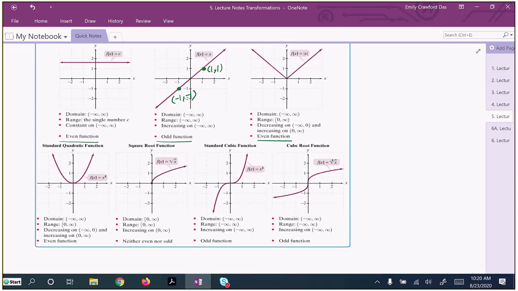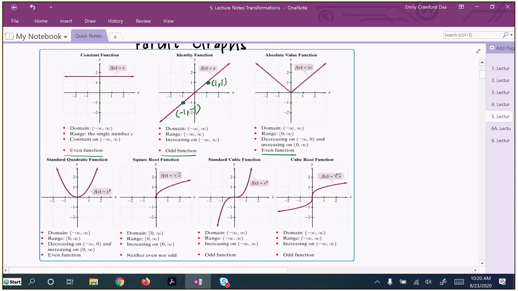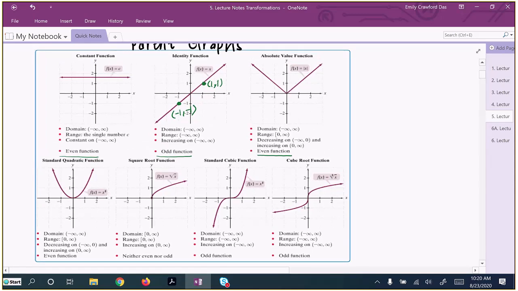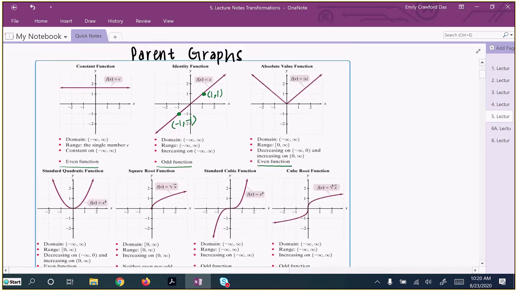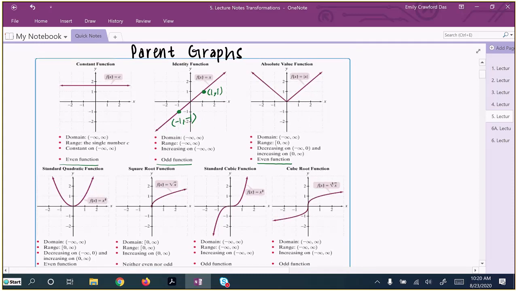These are both odd functions. So we should know how to sketch these functions. They don't have to be beautiful drawings, but just roughly approximate sketches. And we're going to be using them for the rest of this lecture. So that's why we wanted to review them really quick before we got started.